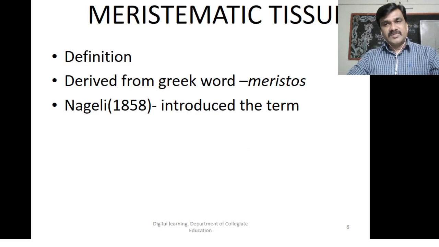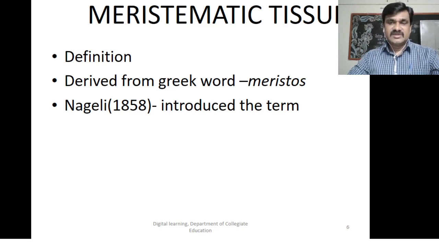Coming to the introductory part of meristematic tissue. Before entering into the general characteristic feature, we will see the definition of meristematic tissue. What is meristematic tissue? Meristematic tissue is a group of young and undifferentiated cells possessing active cell division property. The cells are younger in nature and undifferentiated, that means primitive, or younger in stage, embryonic in stage.